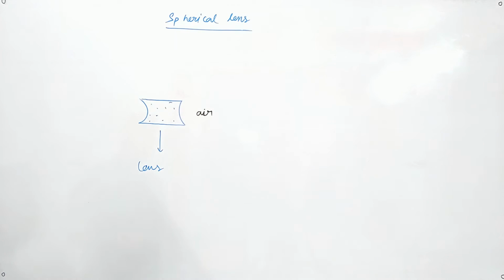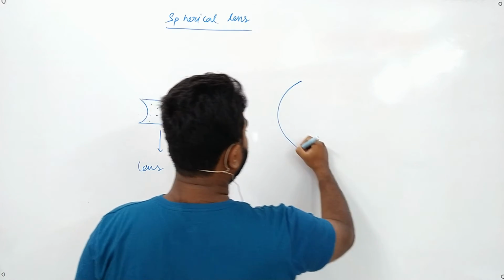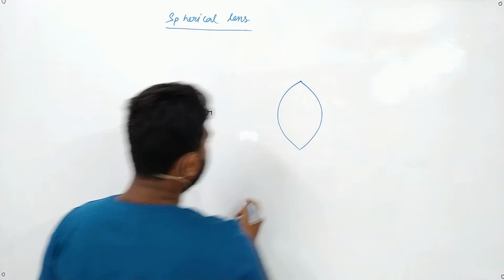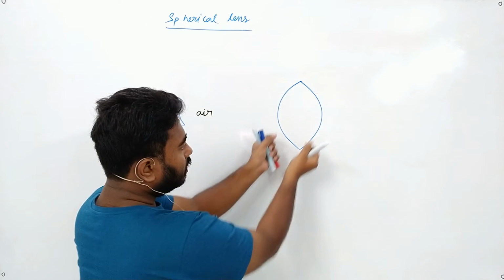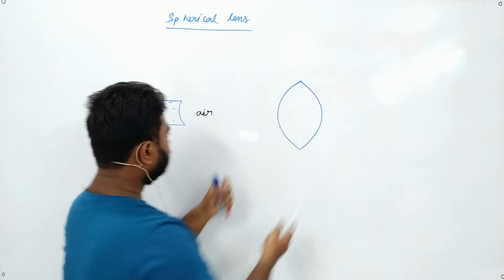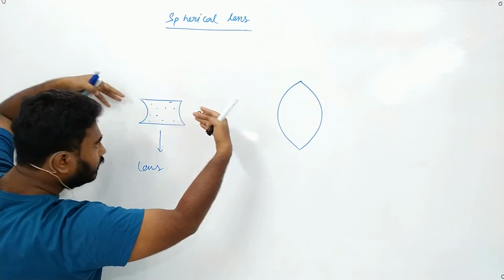So we understood that we have two kinds of lens. One lens type is like this, another lens type is like this. One lens type has its outward sides bulging, another one has its outward side curved inside.